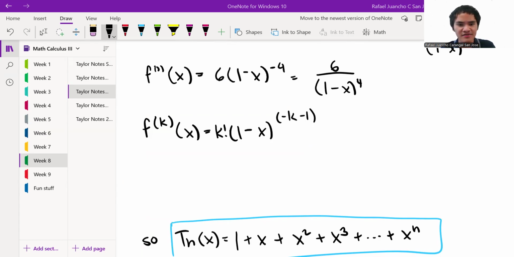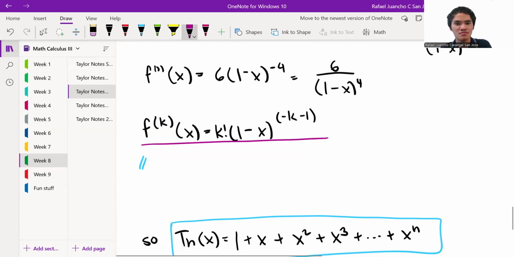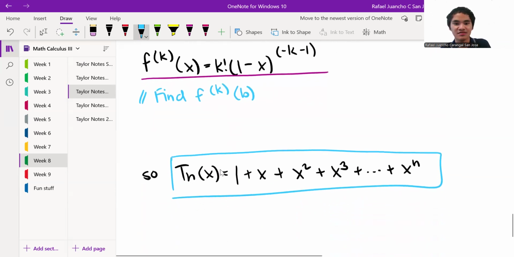Okay, so after finding the pattern for the k, now we want to find f of k at b, right? Because that's where we're based at.